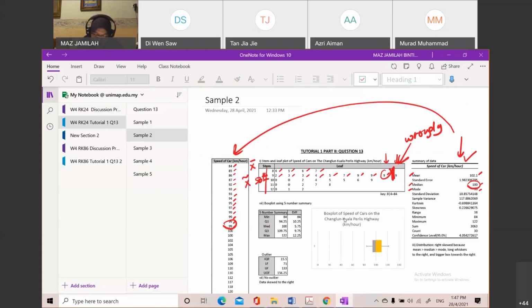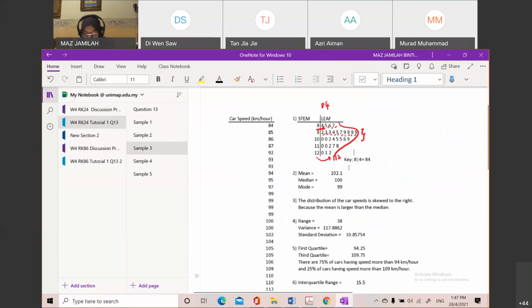Then you find your X bar, and then you find your mode. Based on this particular value, the mean is 102, the median is 100, and the mode is 99. So do we have differences between different answers?